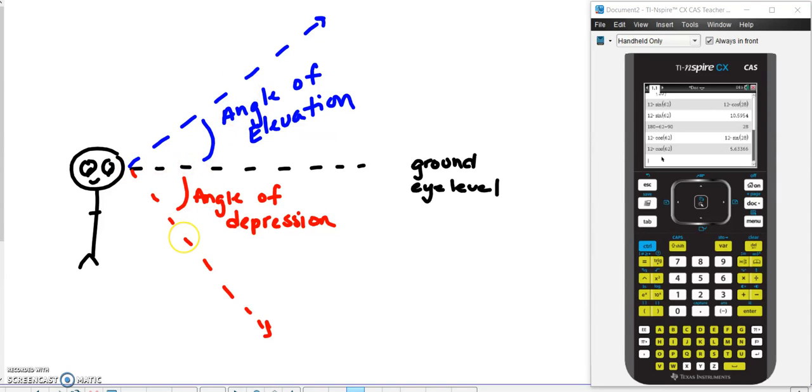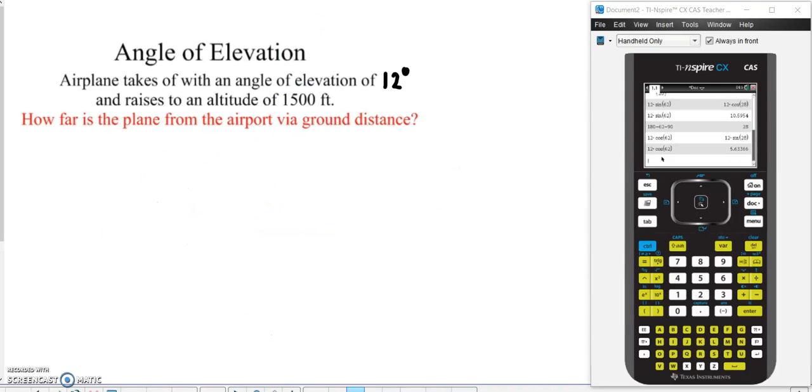So if we look at this next page, an airplane takes off with an elevation of 12 degrees. I'm assuming that the airplane takes off from the ground, and it takes off with an elevation of 12 degrees. So here's our ground, and it's going at an angle of elevation of 12 degrees.